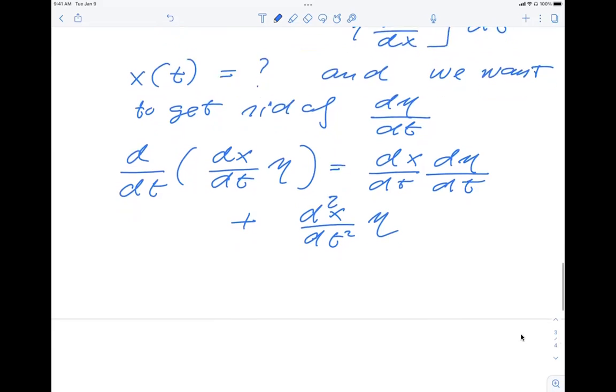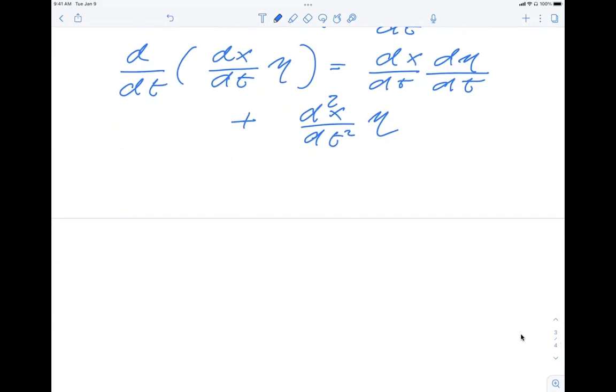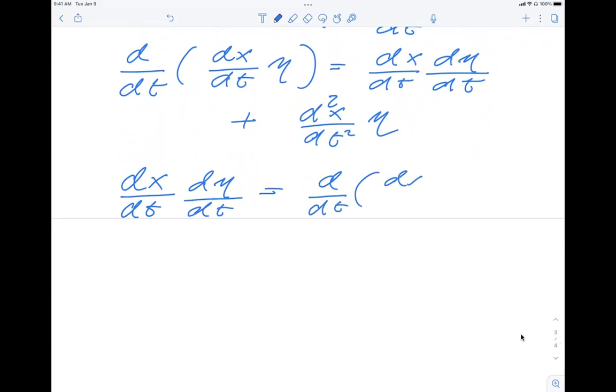So if we now look at this term which we want to get rid of, this dx/dt times d eta/dt, we can actually rewrite that as d/dt of dx/dt times eta, minus the second derivative d squared x/dt squared, the second derivative of x with respect to time, times eta.